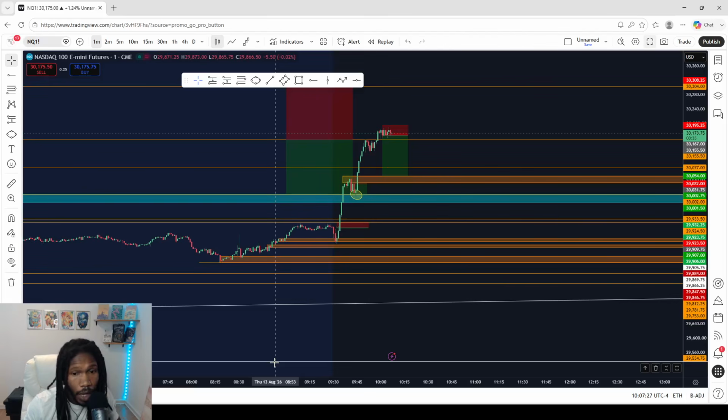At the same time, this could be a trap for everybody thinking the same thing as me. The market could just keep pushing if the market makers wanted to keep pushing. The big boys, the whales out there.